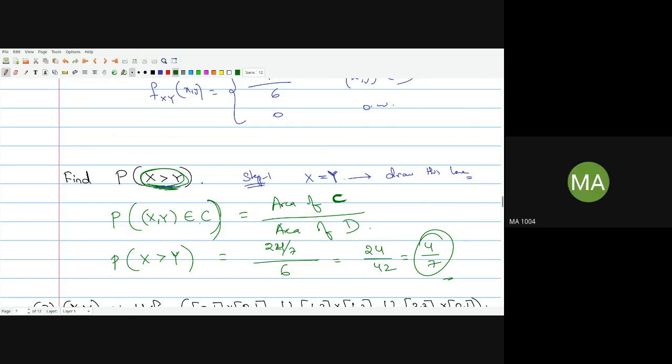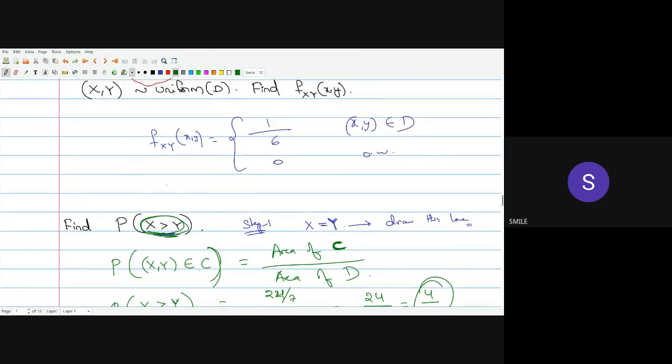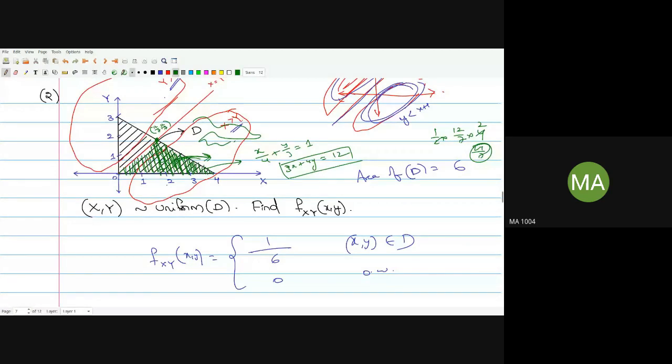I got the same answer, but I approached it differently. I calculated the area of the triangle below and multiplied it with the joint density function to find the volume, because that volume will represent those values.